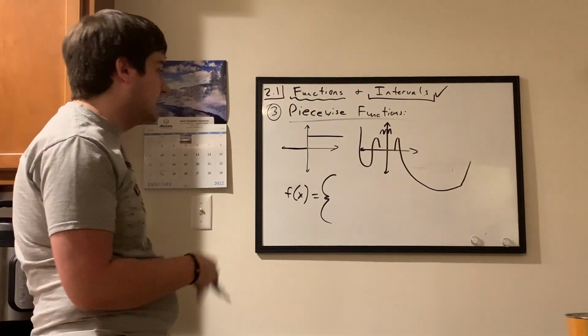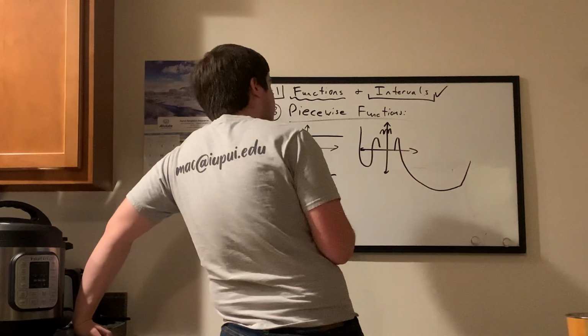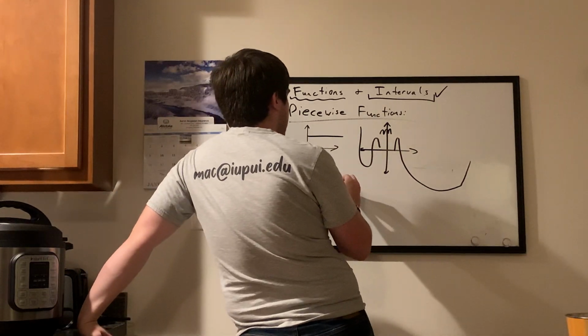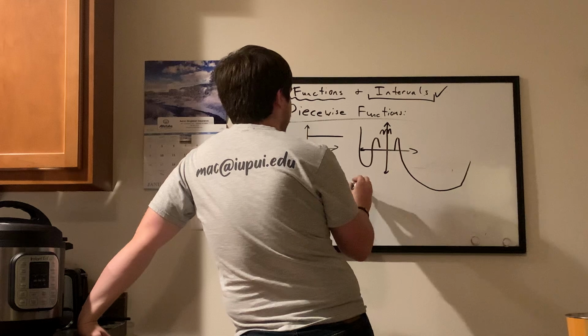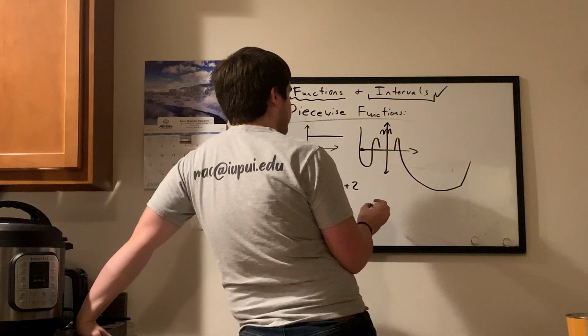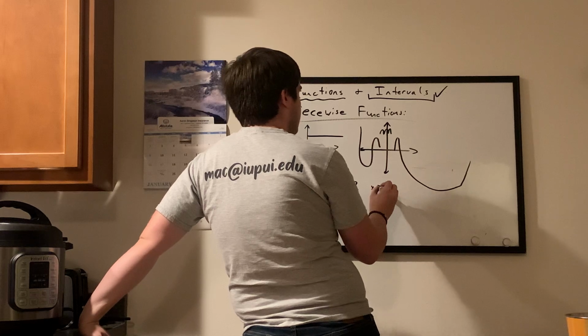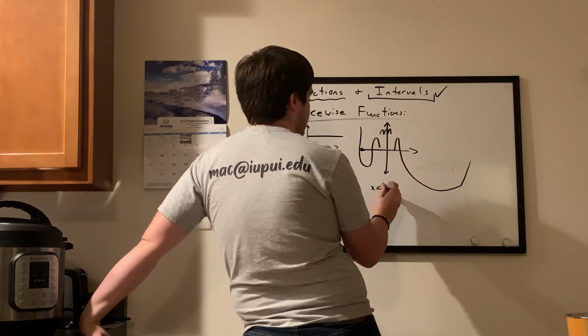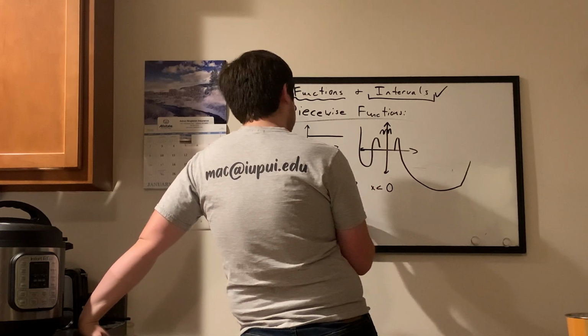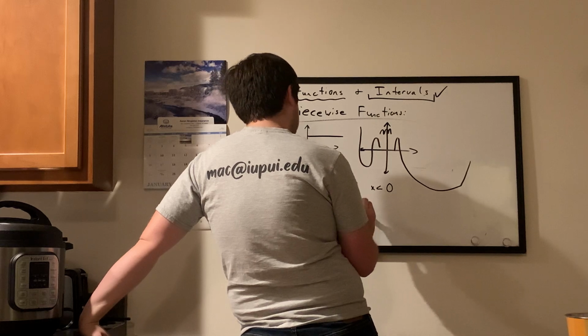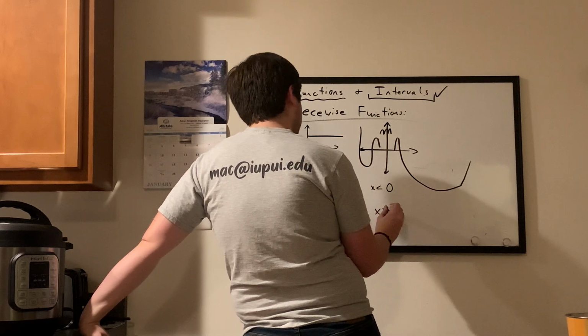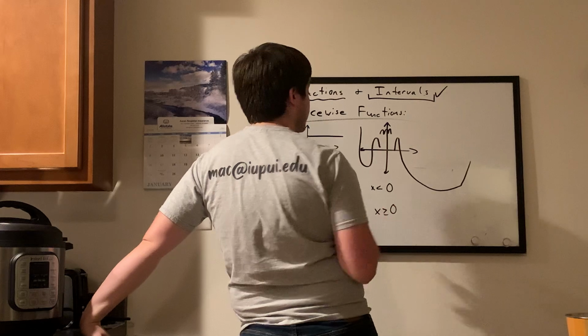So I can say, for example, that the graph is going to be x plus 2 whenever x is less than 0. And I want x squared minus 1 when x is greater than or equal to 0.